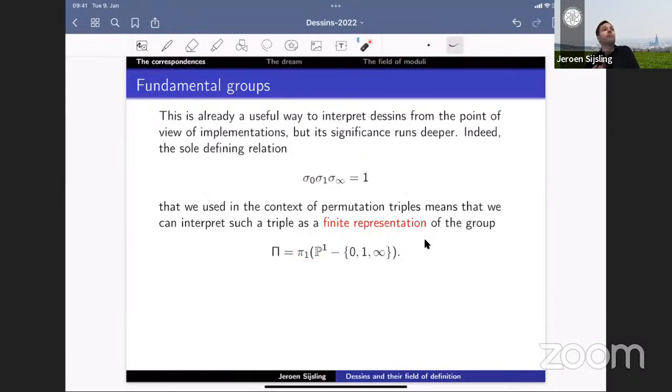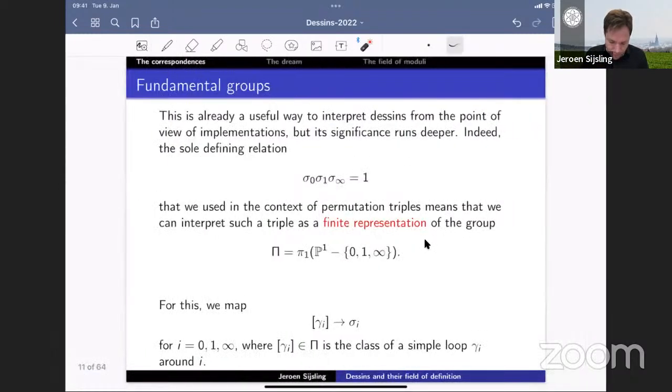The fundamental group is the group of loops up to homotopy, which is a group under concatenation of loops. What you do is the following. The representation of pi that you get from your permutation triple is just gamma 0 goes to sigma 0, gamma 1 to sigma 1, and gamma infinity to sigma infinity.